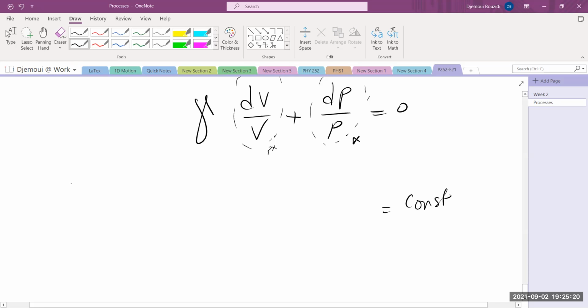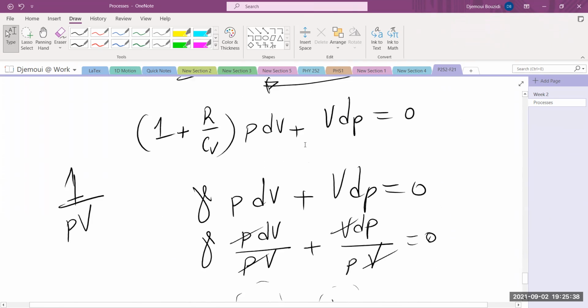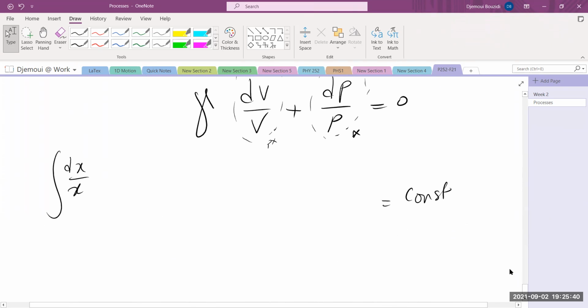I'm left with the integral of dx over x again, which we just saw earlier. What is again the integral of dx over x? It's ln x. Natural log. Yeah, the natural log. Very good.